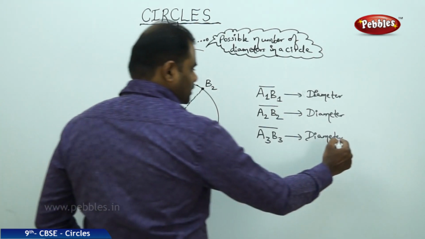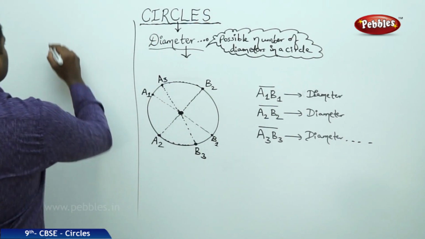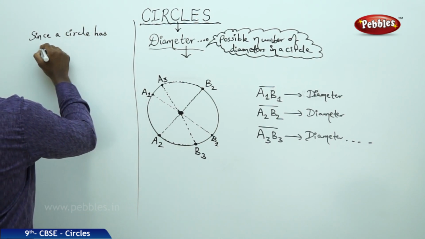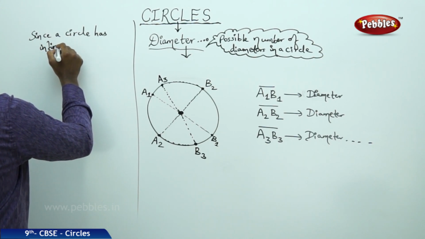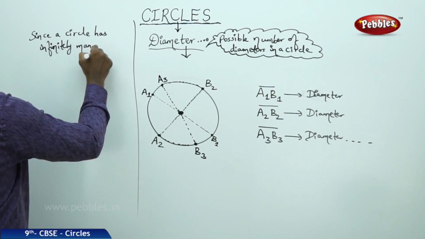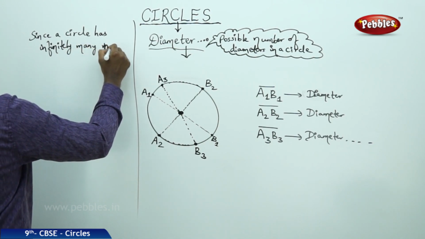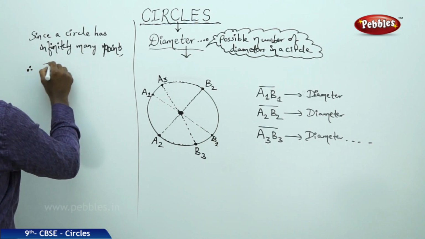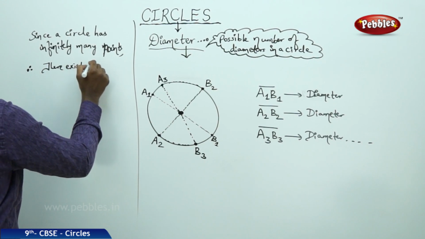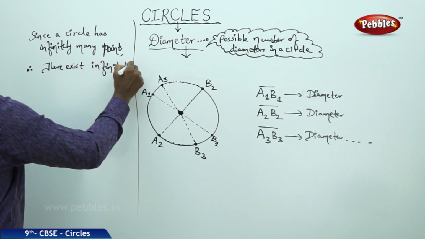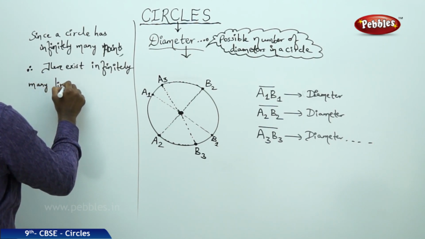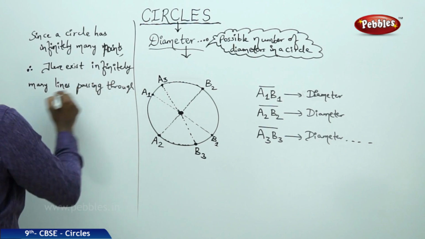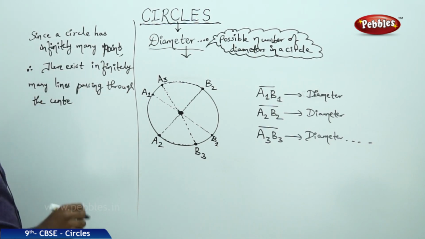So coming to this, I can just draw the conclusion that since a circle has infinitely many points, therefore there exist infinitely many lines passing through the center of the circle.